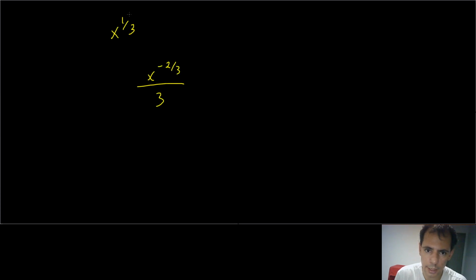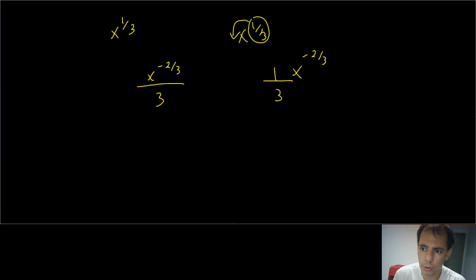How did I get to this? Well, you get the x to the 1/3, so you make this 1/3 come down here. So it's going to become 1/3 x, and 1/3 minus 1 is going to be minus 2/3. This is the formula. Now, what does this mean?